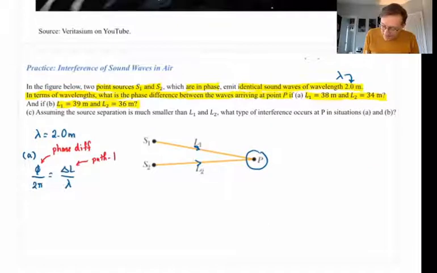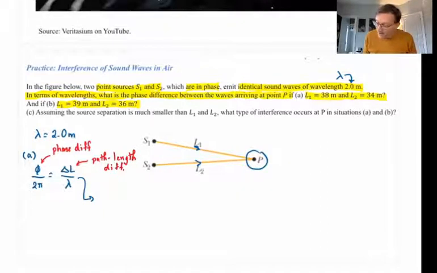And delta L is the path length difference in meters. But that's the relationship between phi and delta L. That's the key thing. Phi over 2 pi equals delta L over lambda. And all I'm really going to do here is get that ratio. It's not hard to do delta L and divide it by lambda.